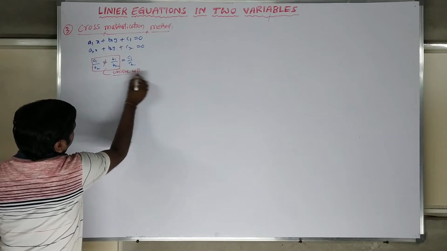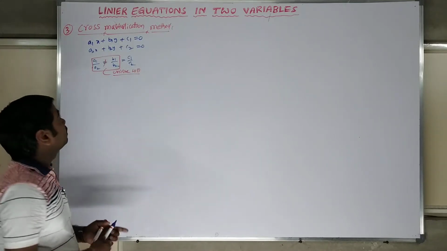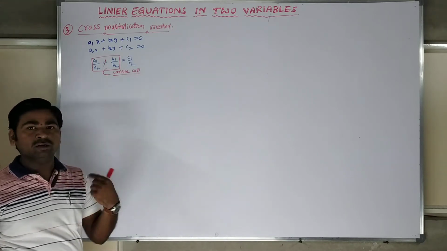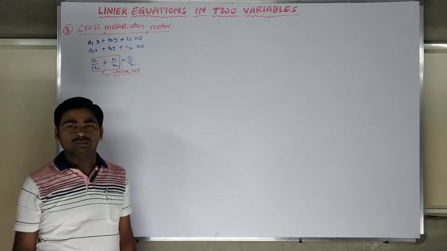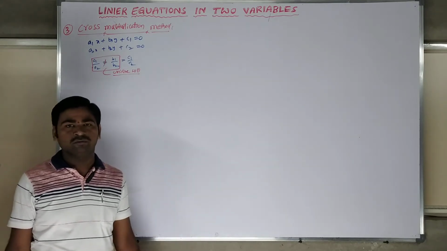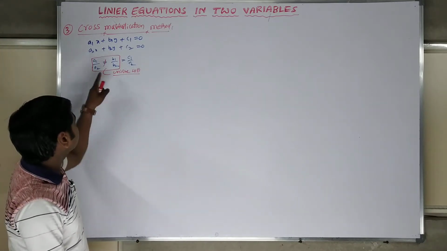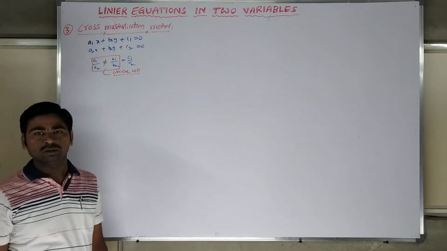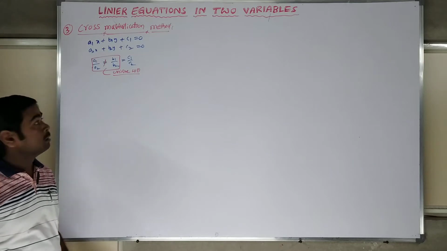Only for a system with a unique solution can we go for the cross multiplication method. If it is a case of no solution or infinite number of solutions, we cannot apply the cross multiplication method. That is a different case. So whenever a1 by a2 is not equal to b1 by b2, the equation has a unique solution, then you can apply this method.